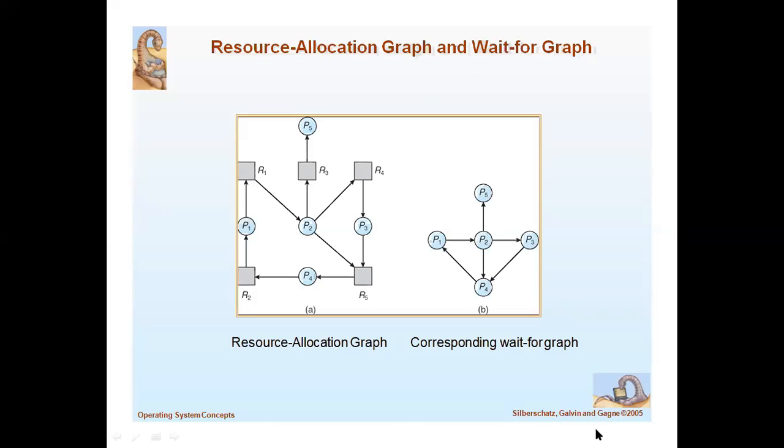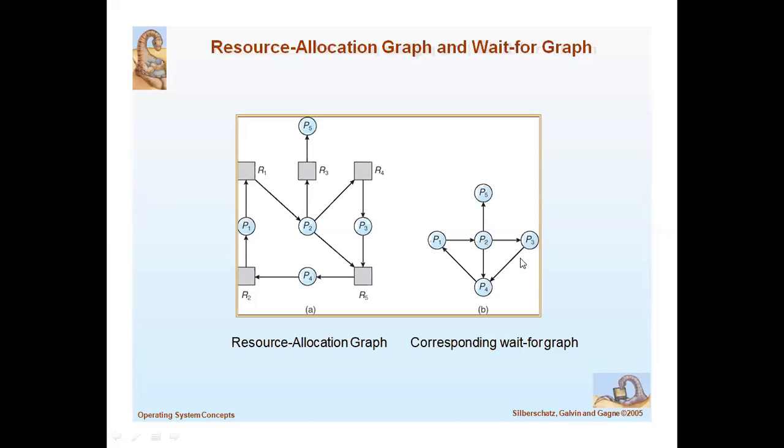So after construction of the wait for graph, is there a cycle or not? Yes, there is a cycle. See here: P1 to P2, P2 to P3, P3 to P4, again P4 to P1. Here also a cycle: P1 to P2, P2 to P4, and P4 to P1.